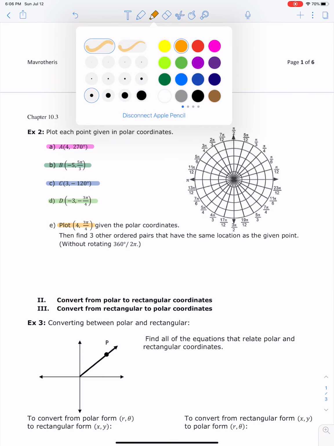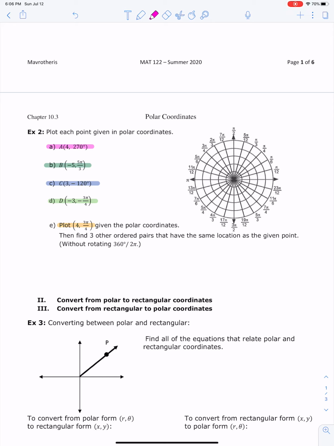Let's see if we can color coordinate these so we don't get confused. Point A is the point (4, 270 degrees). You'll notice our polar coordinate has our angles marked off, and then it's got these rings. These rings are our r's, our distance away from the origin. For A, I'm going to start with the angle. My angle is 270 degrees.